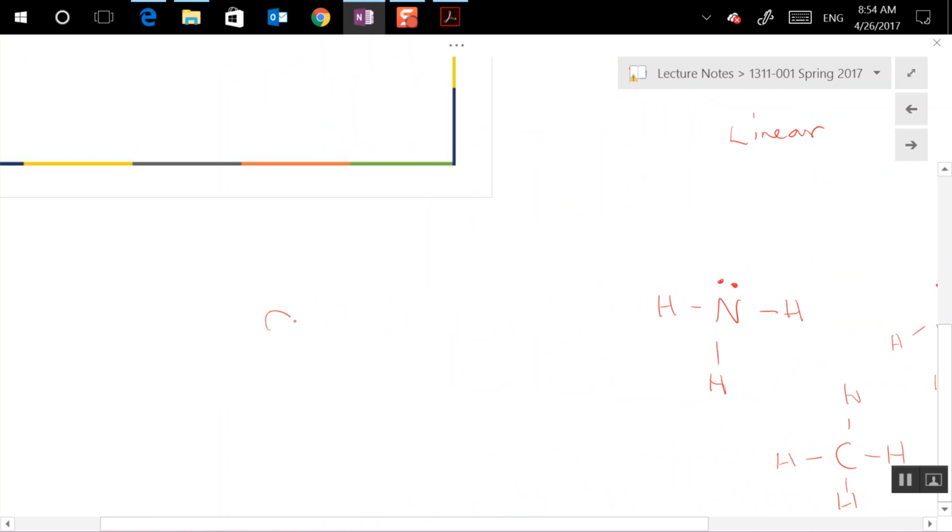Water. What would the dipole moment look like here? Anybody guess what that would look like? So just a single dipole moment going in which direction? Towards the oxygen, away from the hydrogens. So think of these as being one kind of area down there.